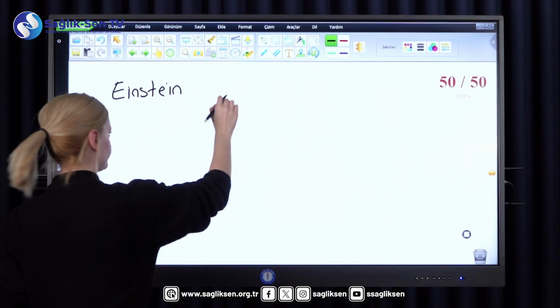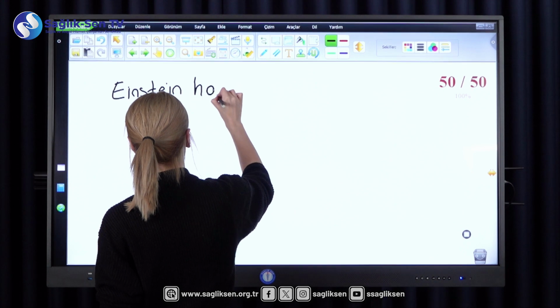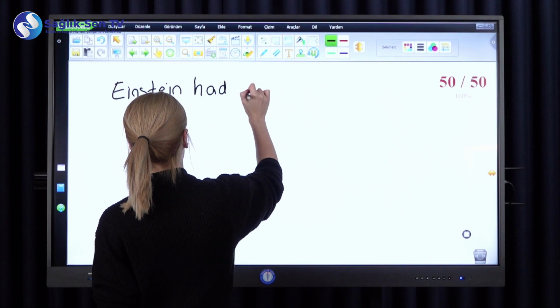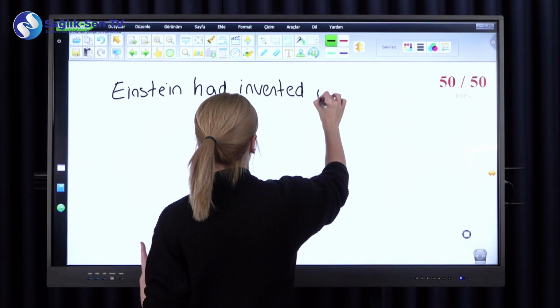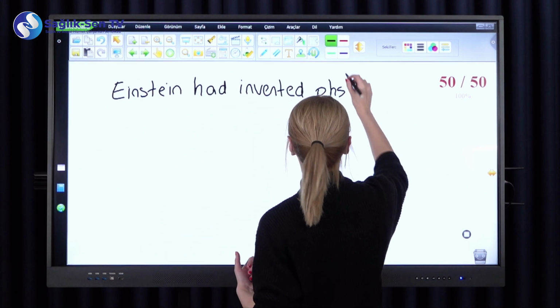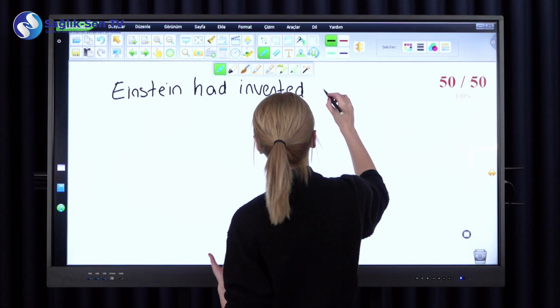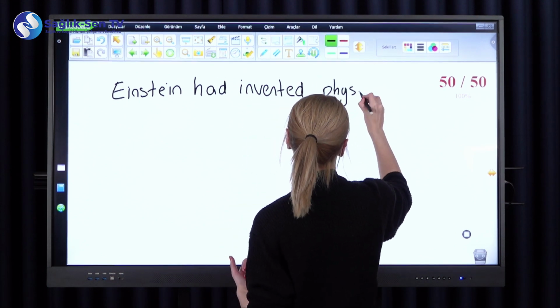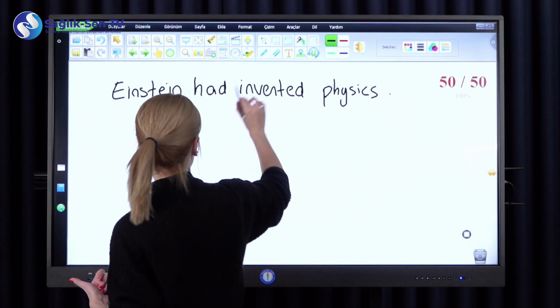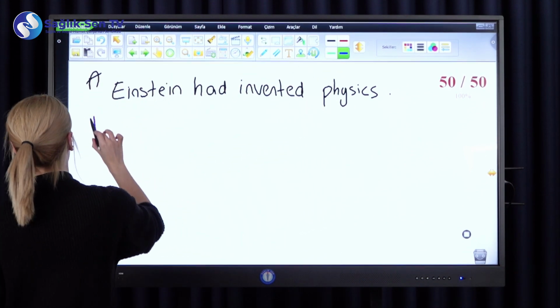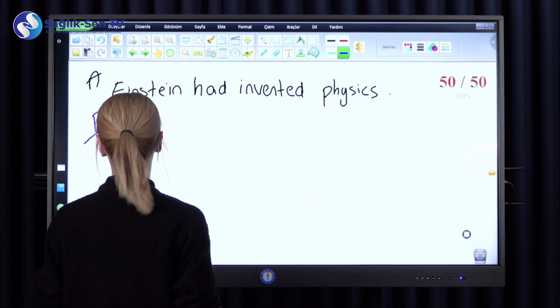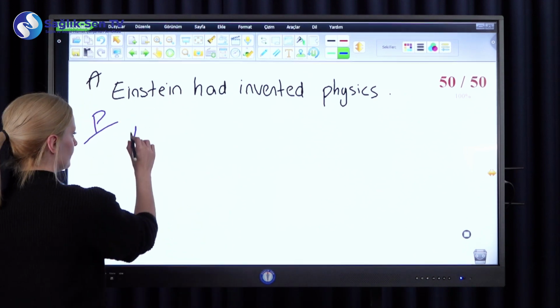Einstein had invented, let's say, physics. This is active. I'm going to rewrite it using passive voice.